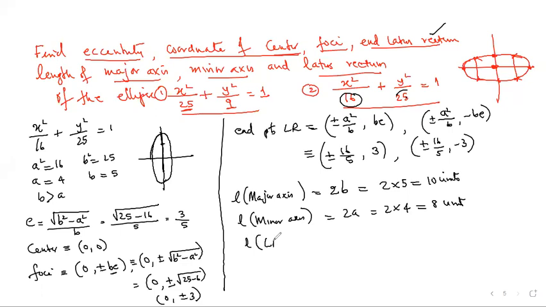Length of the latus rectum: 2a square upon b. So 2 into 16 by 5, so 32 by 5. That's all they asked you to calculate, no? Yeah.